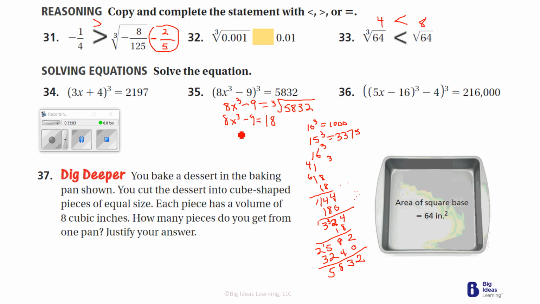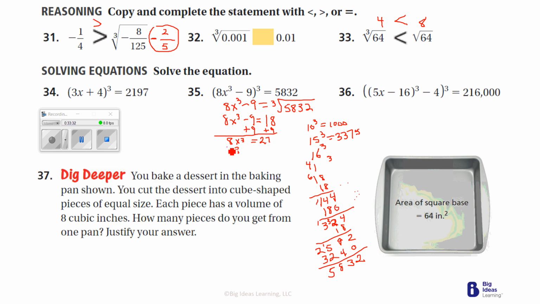Now, I've got to combine my like terms, right? First, I'm going to add 9 to both sides. This is going to give me 8x to the third power equals, well, 18 plus 9 is 27.